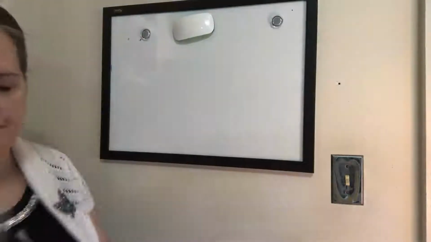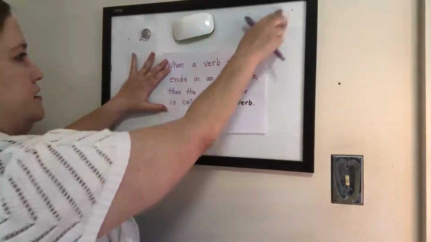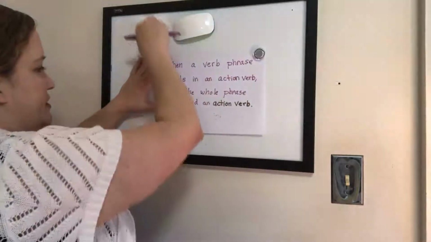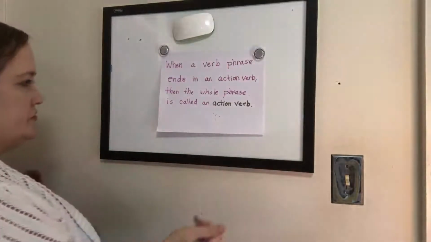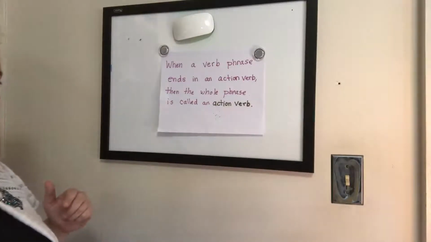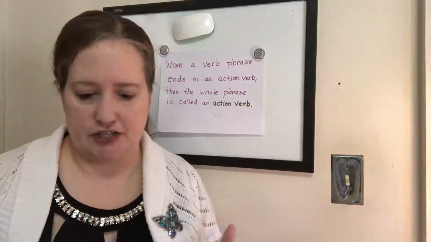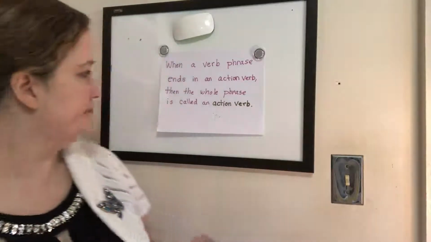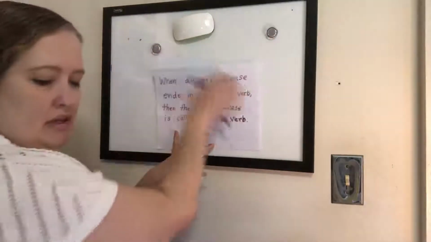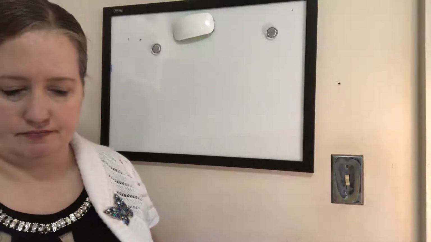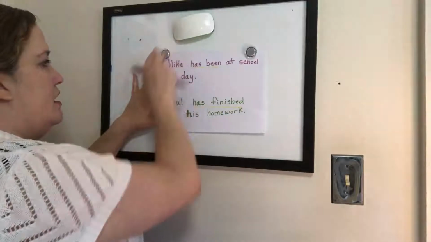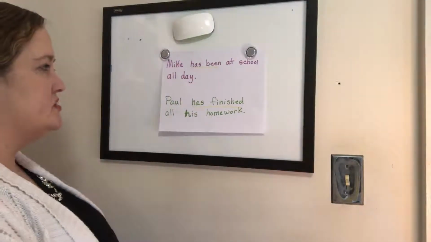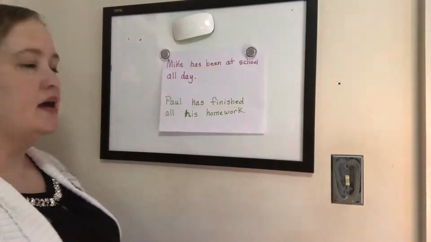All right. Another thing that you need to know is when a verb phrase ends in an action verb, then the whole phrase is called an action verb. Okay. Let's see. Mike has been at school all day.